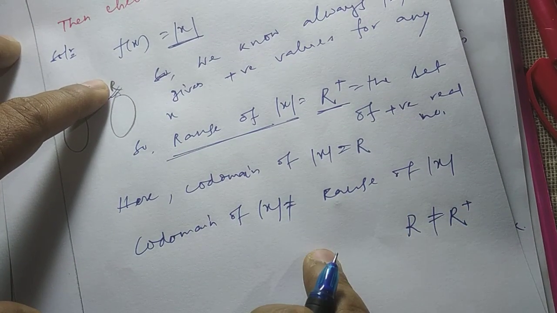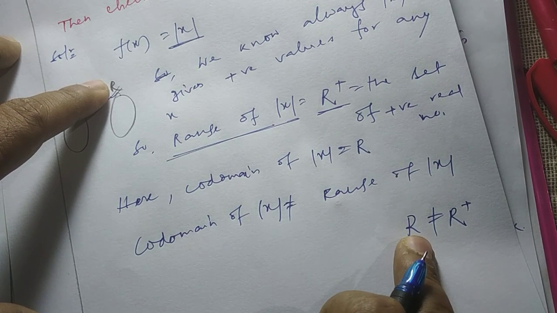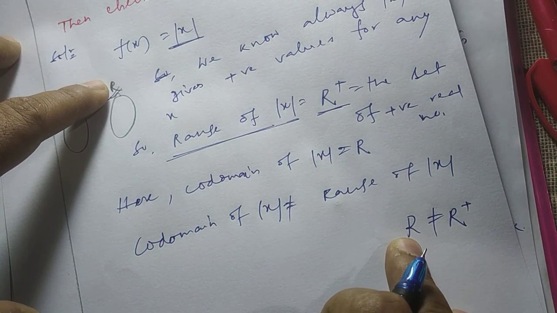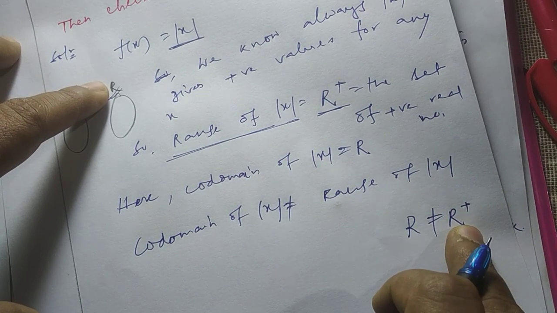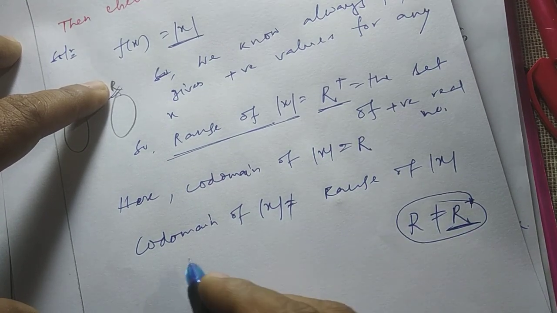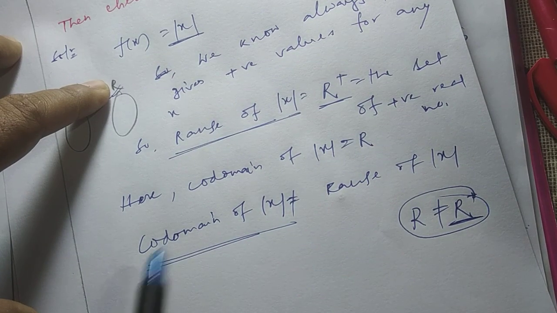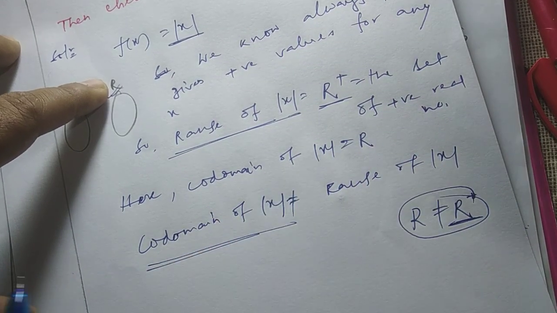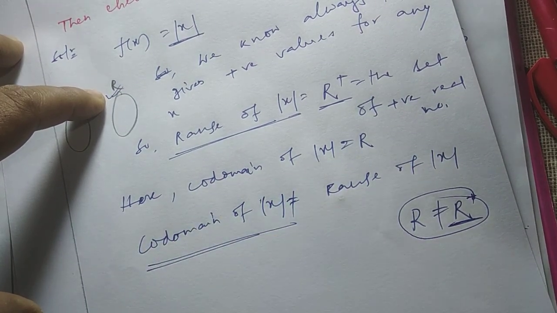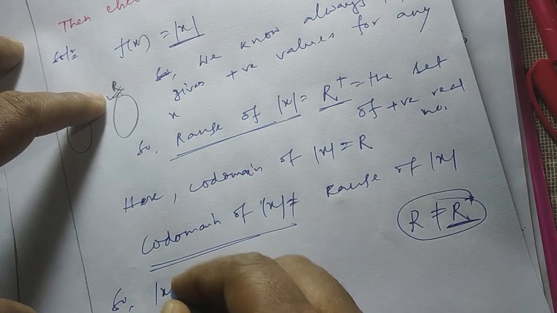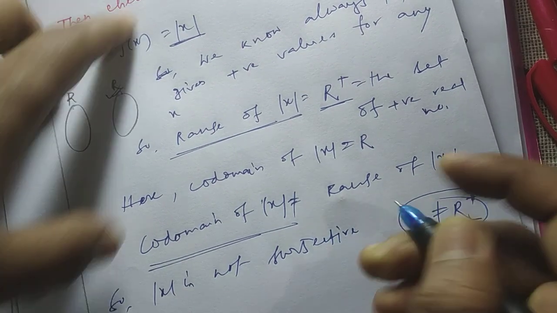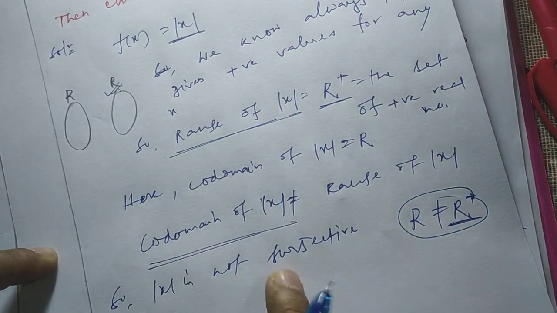That's why both are not equal. Again I am saying, what is the meaning of R here? It is containing all types of real numbers. It is containing negative as well as positive, but R plus is containing only positive real numbers. So they are not equal. So you can claim the range of mod x is not equal to codomain of mod x. The range and codomain both are not equal in the case of mod x. That's why mod x is not surjective. Mod x means f(x) I have taken first. So mod x is not surjective.